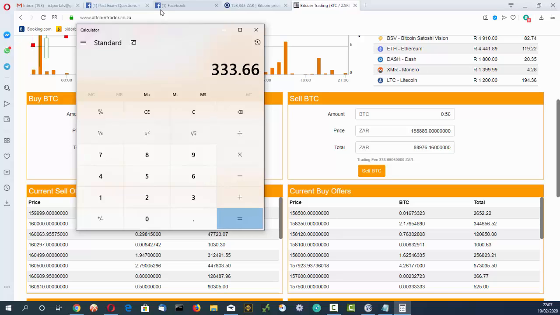You see, this is the way I do my calculations, sir. This is what Altcoin is charging me: 333.66. I multiply this by 100 first, then divide it by the amount I'm paying. It's a straightforward thing. It's going to give me 0.3749%. That's what they are charging me. Do we understand it now?